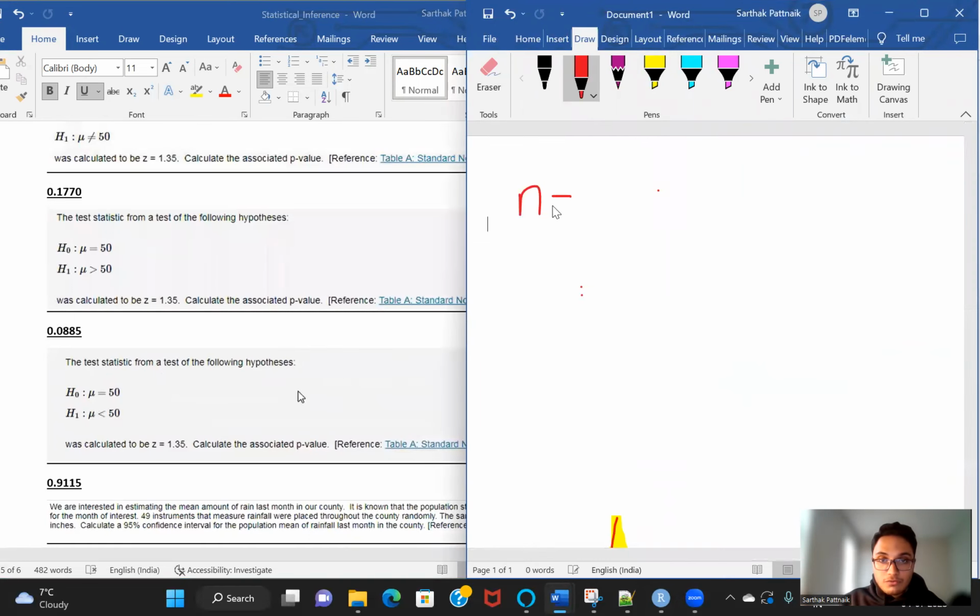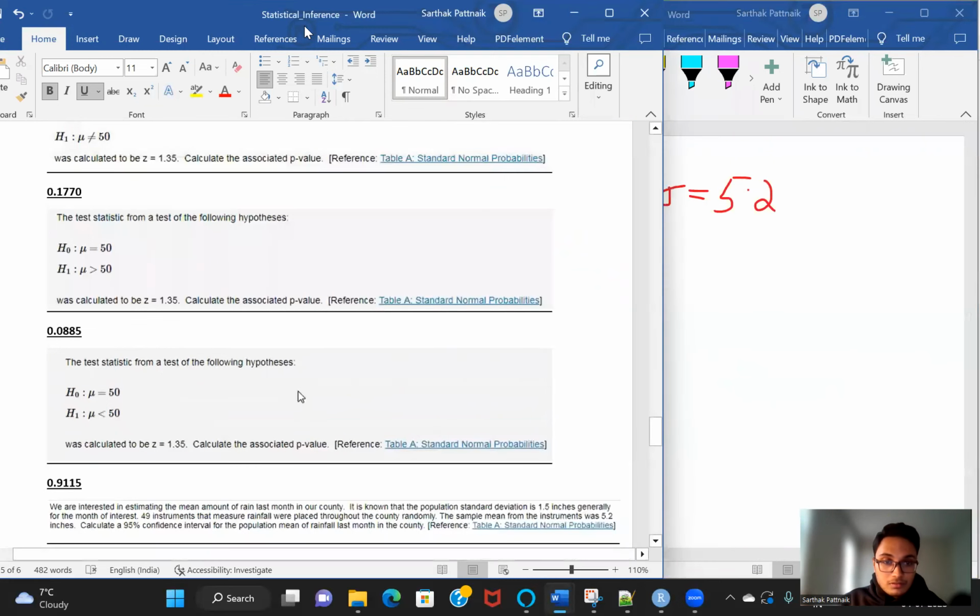So n is equal to 49. The population standard deviation is 1.5 and the sample mean is 5.2.